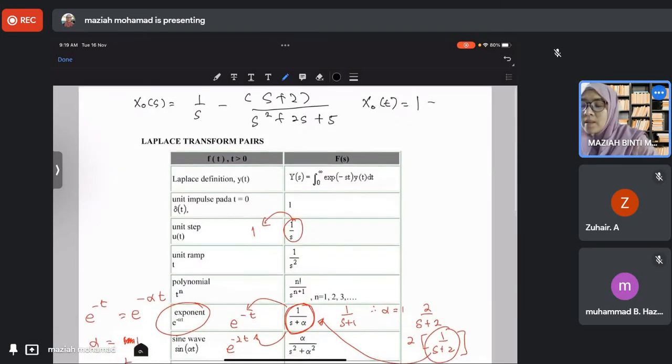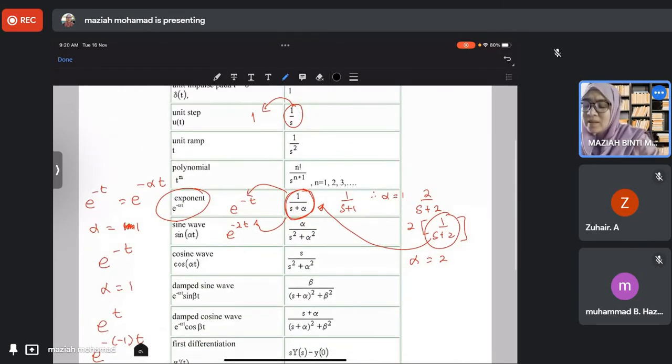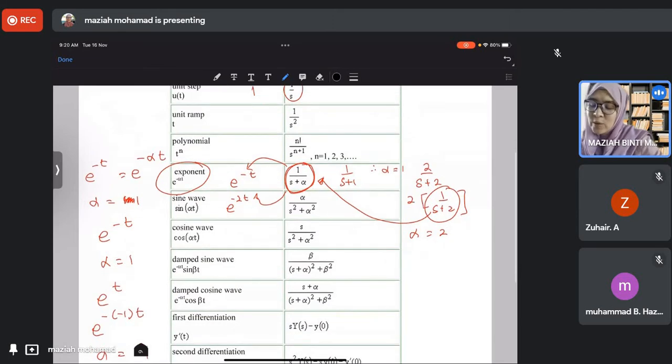So basically we need to manipulate the term here, S plus 2 over S square plus 2S plus 5. We need to do some manipulation, so basically try to get whether in this form, this form, this form, or this form. I'm not sure about this one.